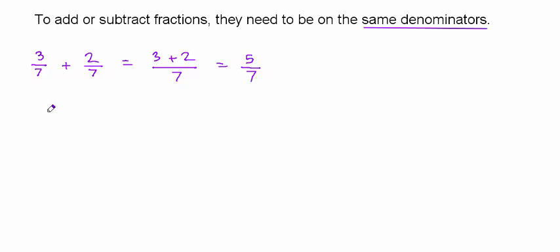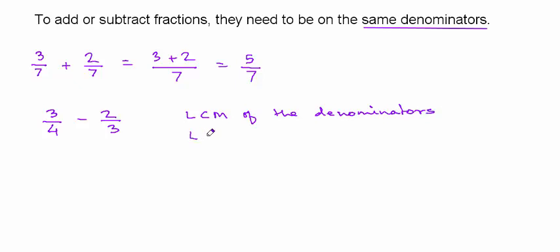But before you could do something like 3/4 minus 2/3, you need to find the least common multiple of the denominators 4 and 3, also called the LCM of the denominators, or the least common denominator, LCD, of the fractions 3/4 and 2/3.